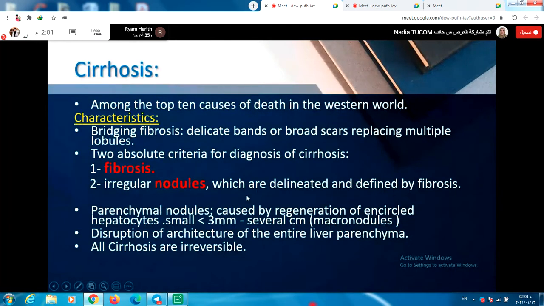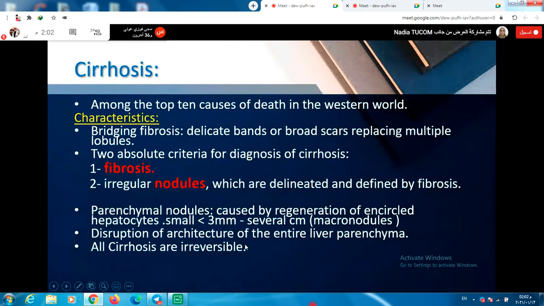And the nodules can be micro and macro according to the type of the hepatic insult. Usually macro, it is called parenchymal regenerating nodule, small if less than 3 millimeters, and up to several centimeters become called macronodules.